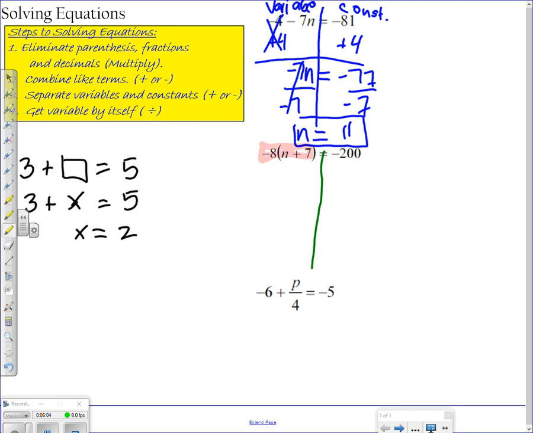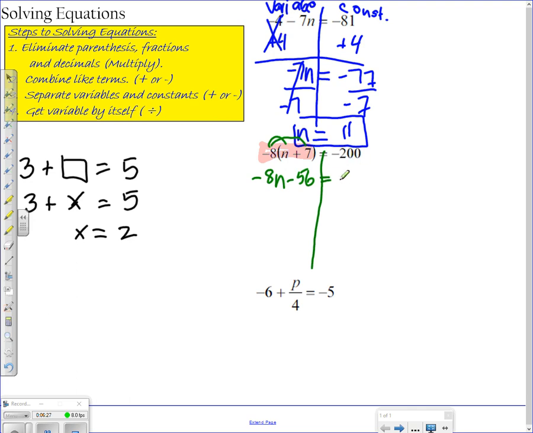Now, according to the step that I gave you, you should be multiplying. The way you multiply is 17 inside the parentheses should be multiplied by negative 8. Negative 8 times n will give you negative 8n. Negative 8 multiplied by 7 will give you negative 56.